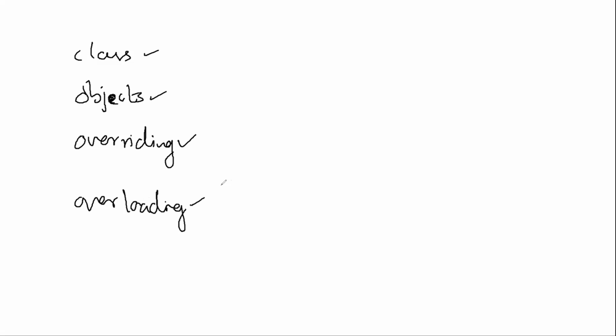There will be programs and everything to explain each and everything again when we come to object oriented programming, Python, right? But now it is only for the word understanding. So class, object, and then we talked about overriding, overloading, right? Now one thing is pending, and that is instance, right?